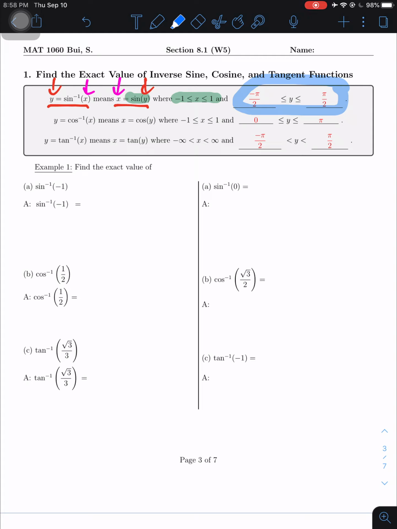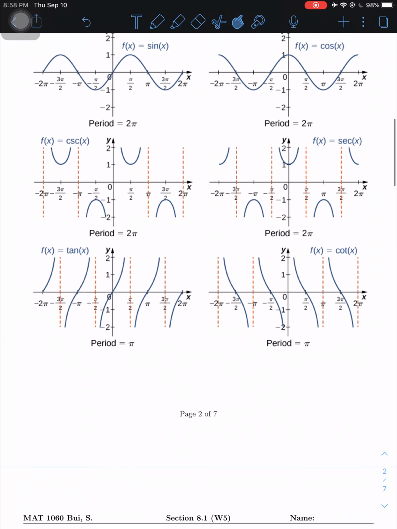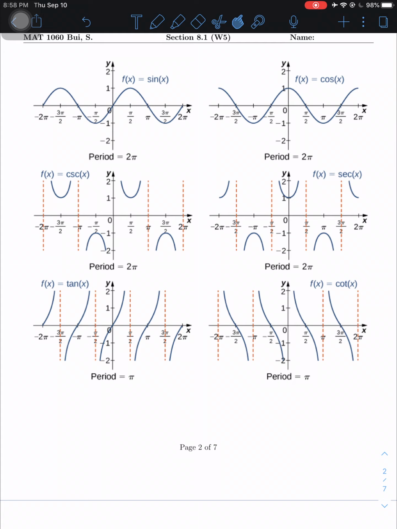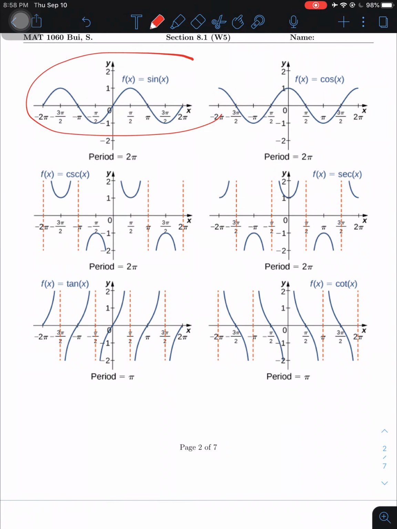For the reasoning why we must have it from negative 90 to 90 here, let me throw back to the first page. Remember we were talking about the sine function, right? So let's focus on this picture right here. For the first cycle, I told you guys we're gonna have this in here, and then for the second cycle we're gonna have this, and if we open more and more, we're gonna have more, right?